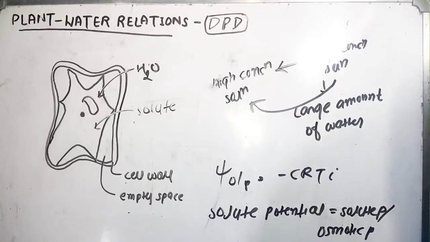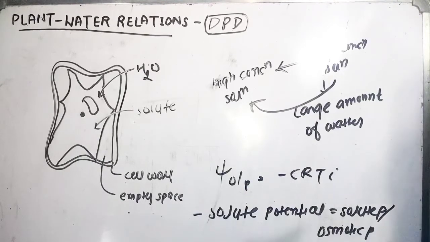So we have seen two things: turgor pressure and osmotic pressure, and turgor pressure is opposite to the wall pressure. Potential should be negative, and pressure is always positive.